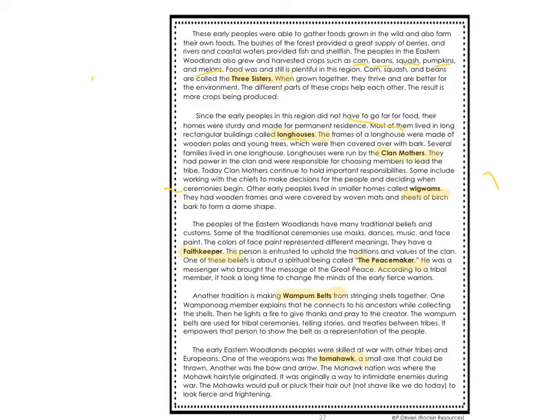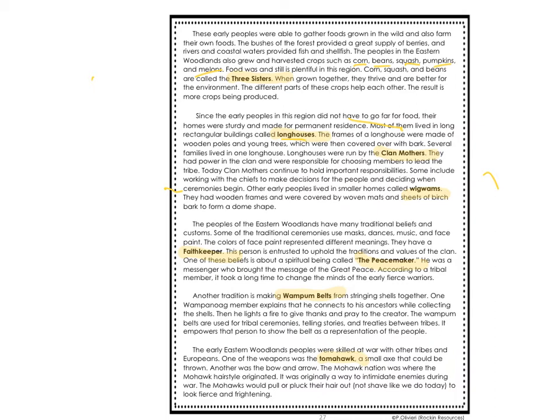One Wampanoag member explains that he connects to his ancestors while creating the shells. Then he lights a fire to give thanks and pray to the Creator. The wampum belts are used for tribal ceremonies, telling stories, and treaties between tribes. It empowers that person to show the belt as a representation of the people.